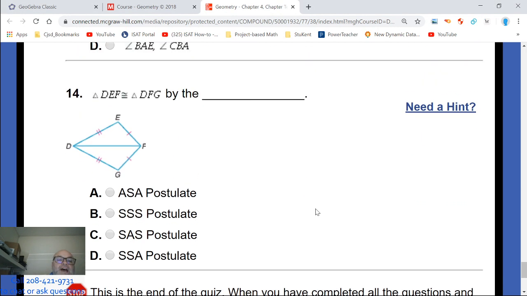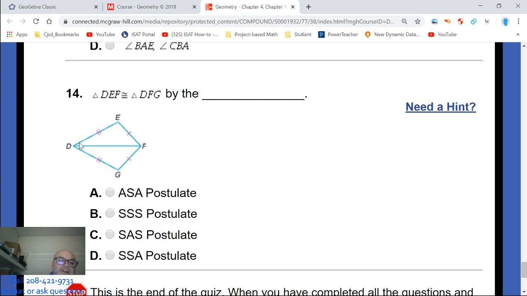All right, here's our last question. Might get to finish class a few minutes early this morning. It says triangle DEF is congruent to triangle DFG. All right, so how do we know that? Well, I have this side and this side correspond. This side and this side correspond and are congruent, right? So corresponding congruent sides. And then this side, nothing else.